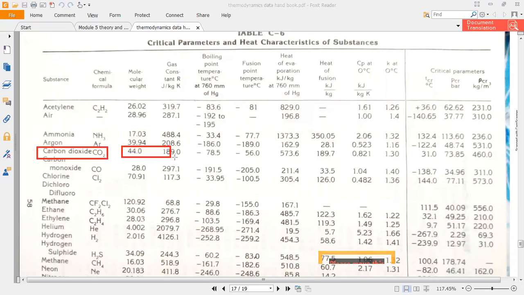Take molecular weight, gas constant, critical temperature and critical pressure. But in this problem, we are not using these. Anyhow, you take the values. If you don't take the values also, no problem. We require only the molecular weight and gas constant because these are used in the ideal gas equation.